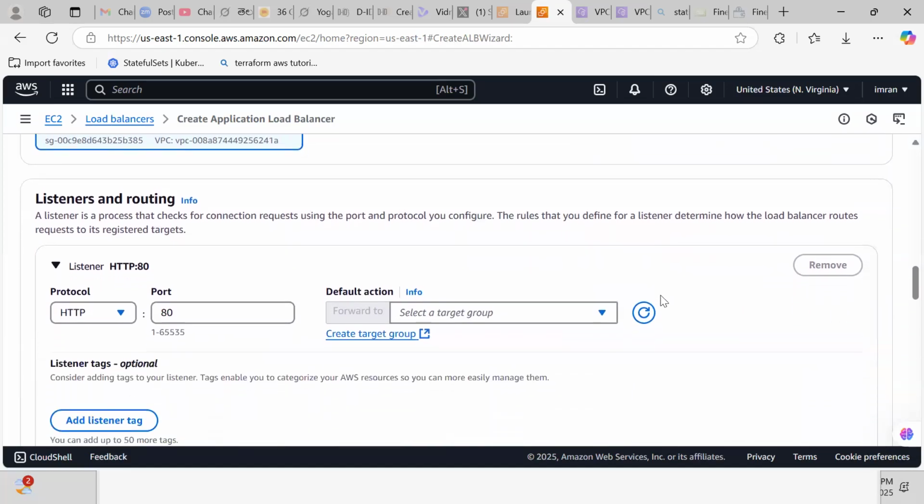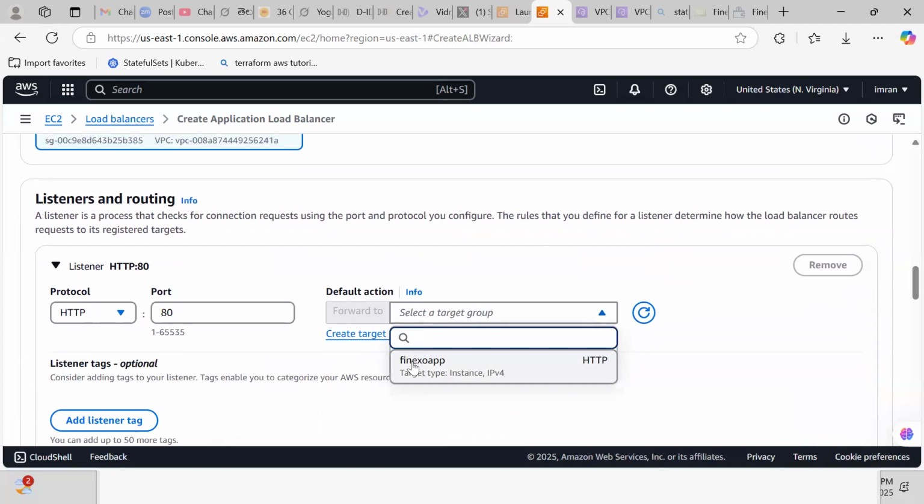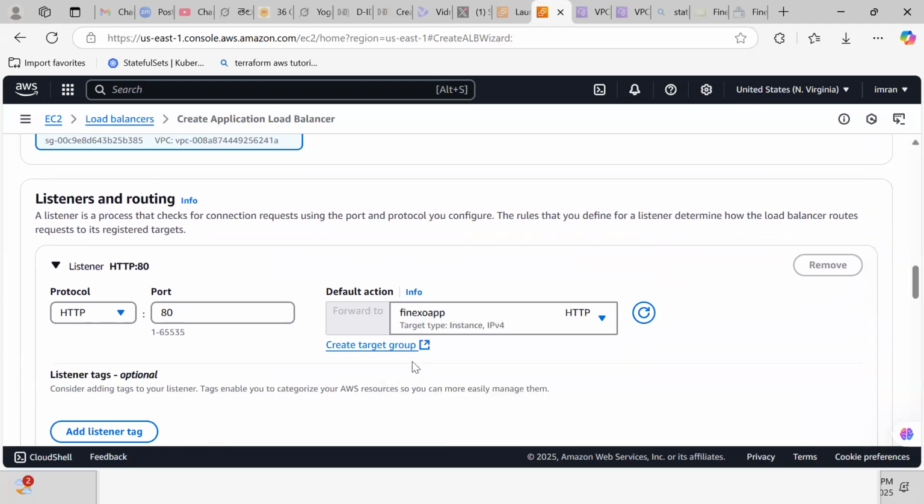And here the rule is, if the user comes with the HTTP protocol using port 80, to which target group am I redirecting? To Finexo I'm going to redirect. A simple listener I'm configuring.